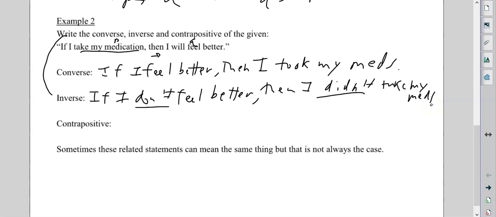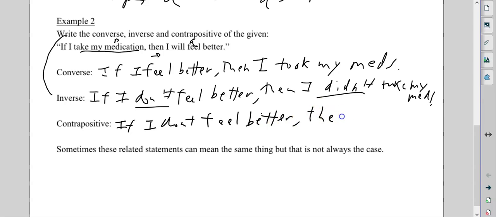The contrapositive, remember, is switching them and negating. So if I don't feel better, then I didn't take my meds. Okay?